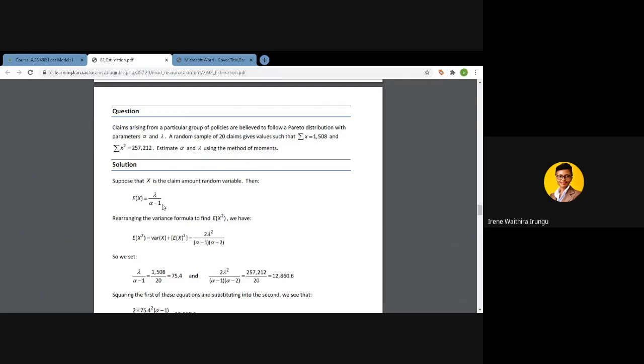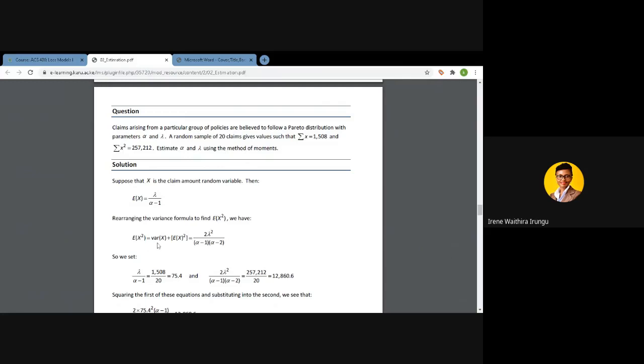In the same manner, given that we have the second moment, we can express the second moment of the Pareto based on the parameters alpha and lambda. So if x is a Pareto distribution, what is the expected value of x squared?